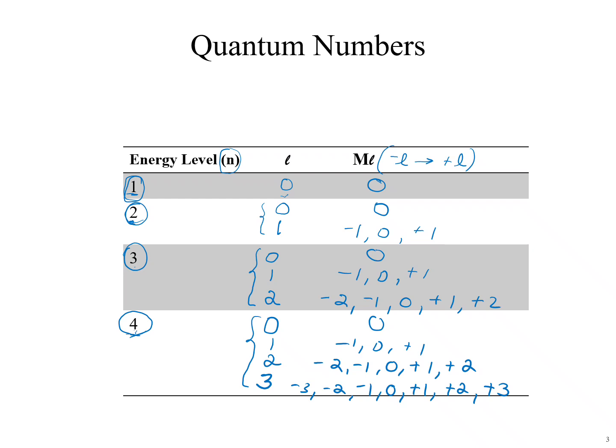So I mentioned that the actual numbers that you have are not important. If it's a 0, a -1, a -2, a +2, a +3, that's not the important part. The numerical values of m sub L are actually telling you how many orbitals of a specific type of orbital we have. We're going to have orbitals, right?